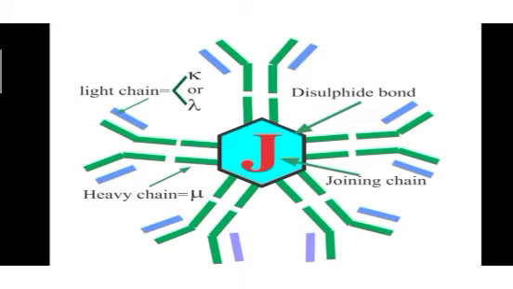IgM is also expressed on the plasma membrane of B lymphocytes as a monomer. In this form, it is a B cell antigen receptor with heavy chains, each containing an additional hydrophobic domain for anchoring in the membrane.